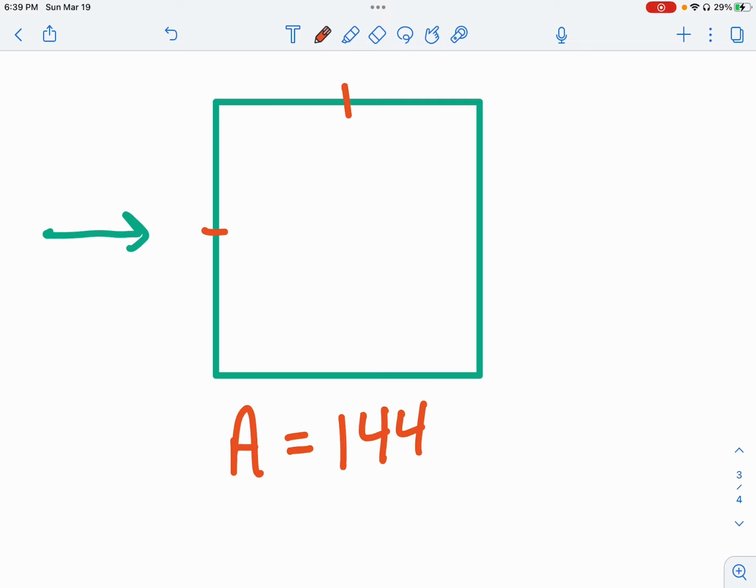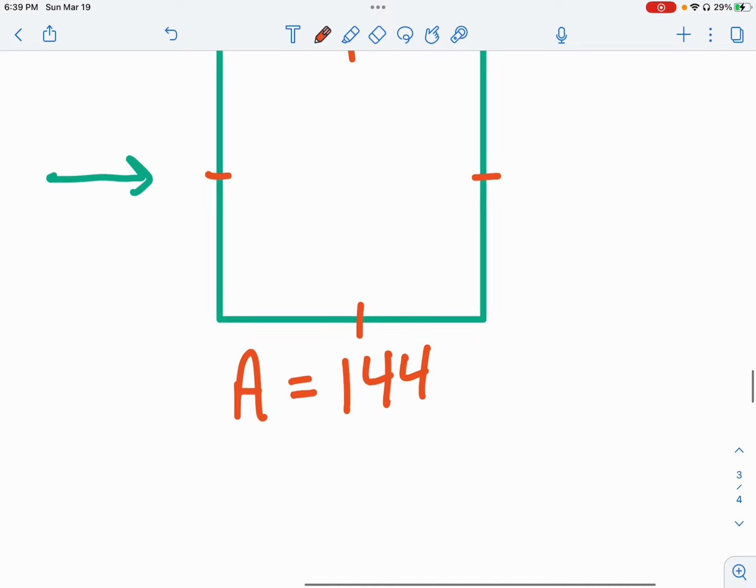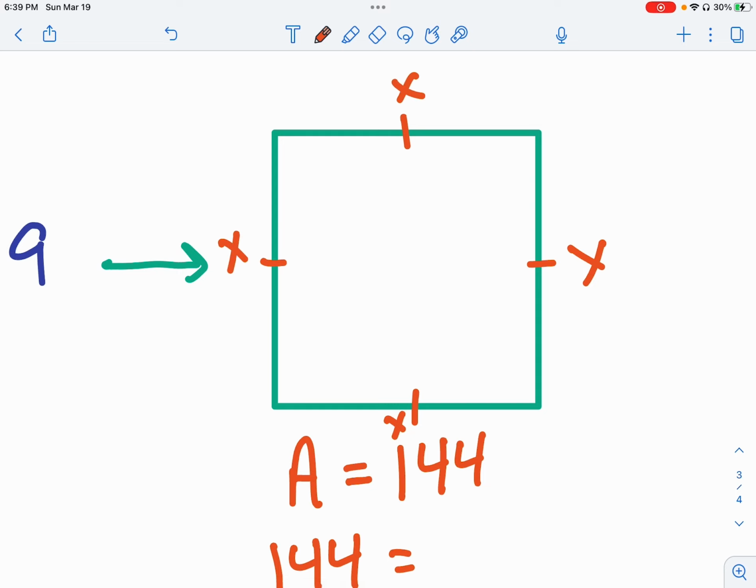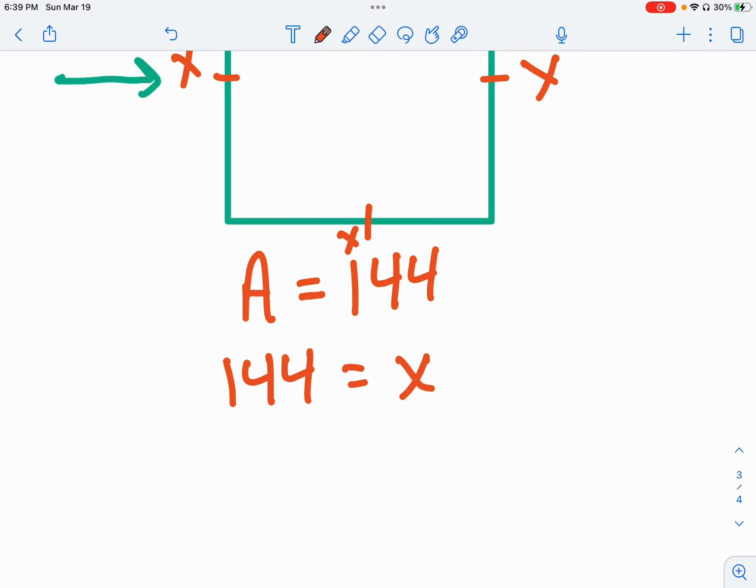All of the sides are congruent. So we can just say our area of 144, if I name these all x, x, x, and x, we just need a base times a height. So x times x, or better known as x squared.